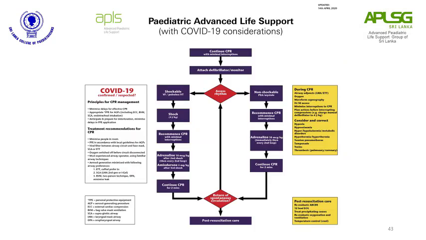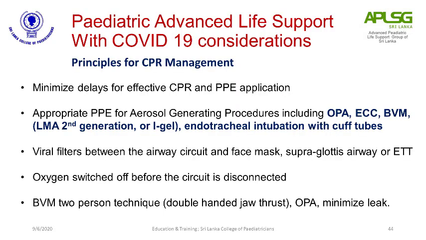With pediatric life support, with COVID-19 consideration, certain strategies are adopted to prevent aerosol generation. Full personal protective equipment should be available in high-risk areas. Aerosol generating procedures should be minimized. Personal protective equipment should be worn when inserting an oropharyngeal airway, laryngeal mask airway, during external chest compressions, bag valve mask ventilation, or intubation.